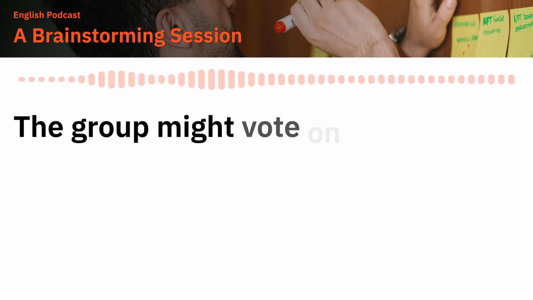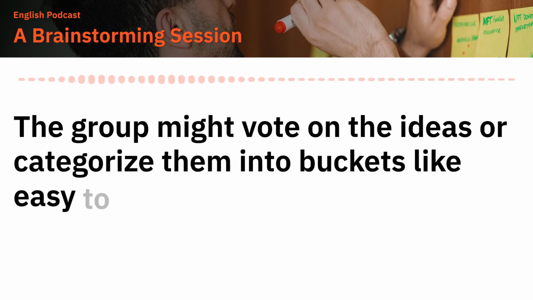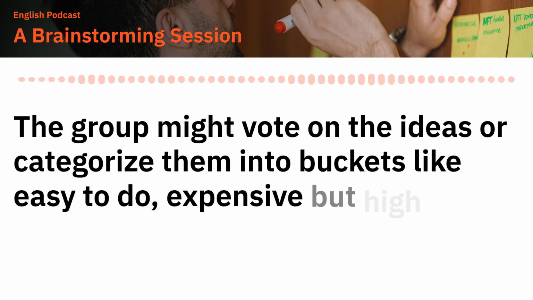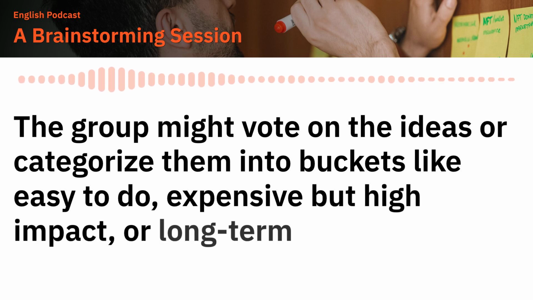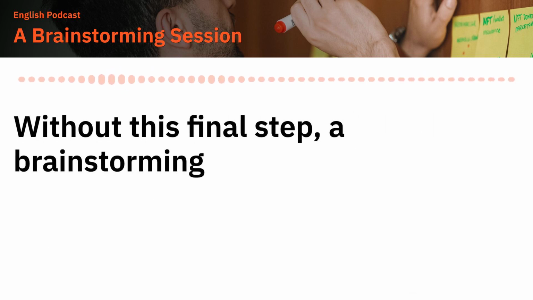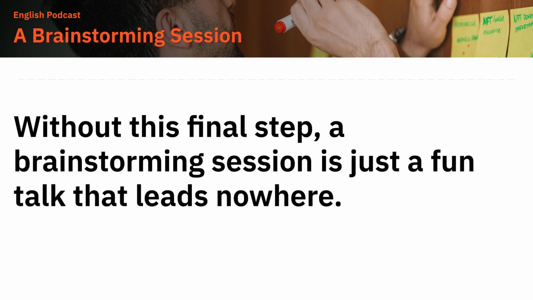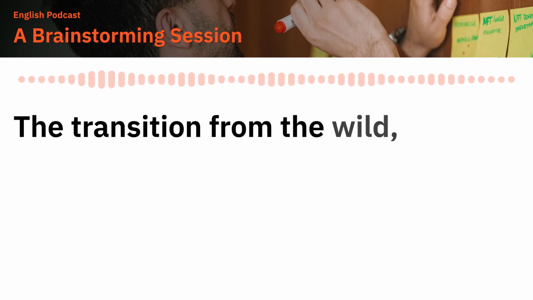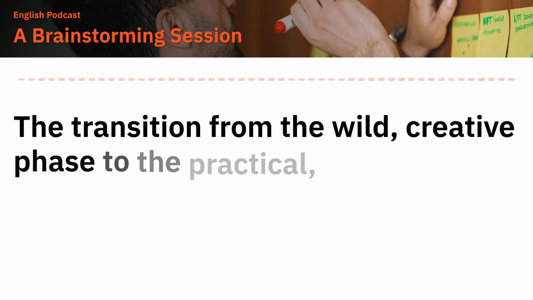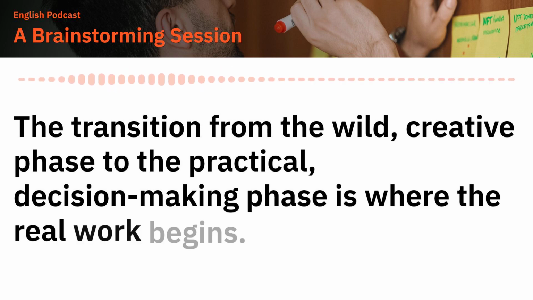The group might vote on the ideas or categorize them into buckets like easy to do, expensive but high impact, or long-term goals. Without this final step, a brainstorming session is just a fun talk that leads nowhere. The transition from the wild, creative phase to the practical, decision-making phase is where the real work begins.